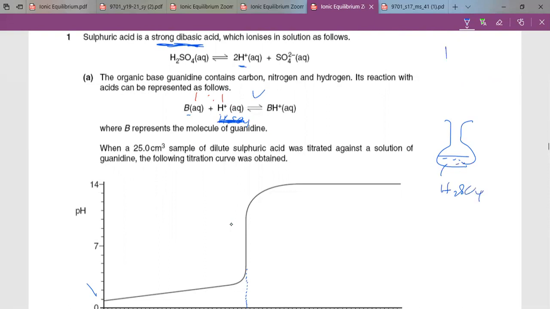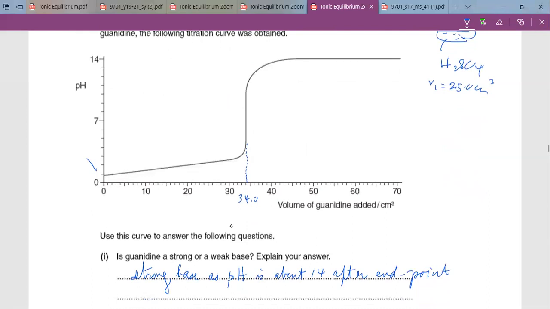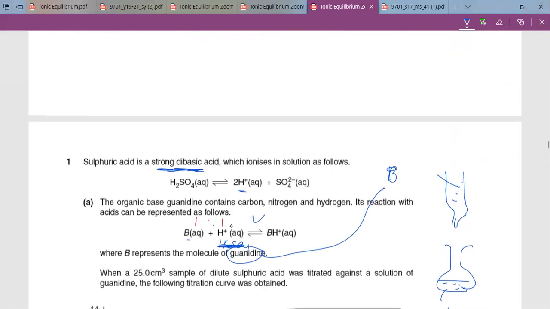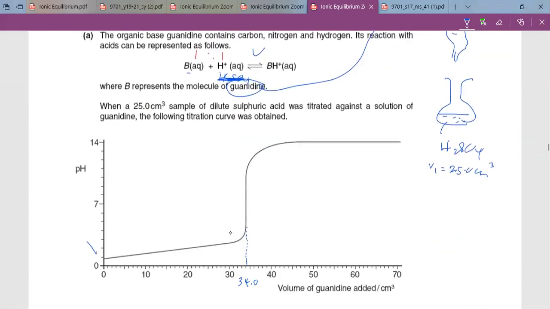And here, of course, as you're adding here is the guanidine, the B. Here, H2SO4, the volume V1 is equal to 25.0 cm3, titrated against a solution of guanidine here. So that's all that's given in the beginning here.